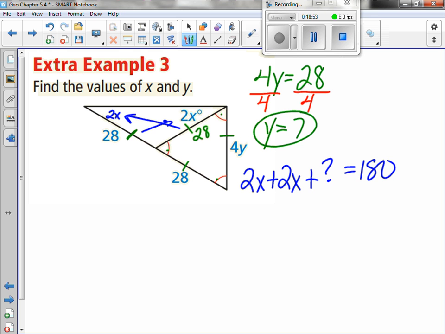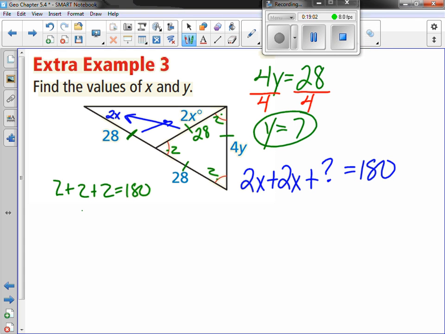So we'll call it z. z plus z plus z equals 180, so 3z equals 180, so z is equal to 60. I'll fill that in. So each one of these angles is 60 degrees.